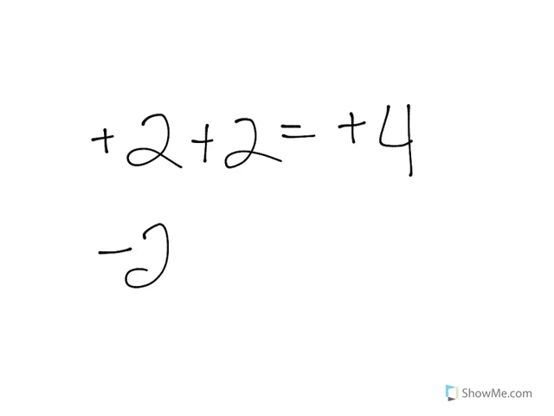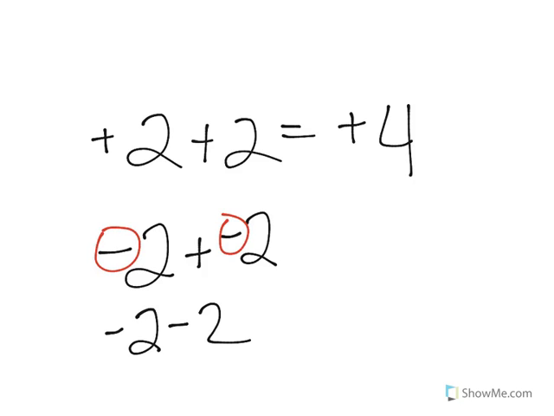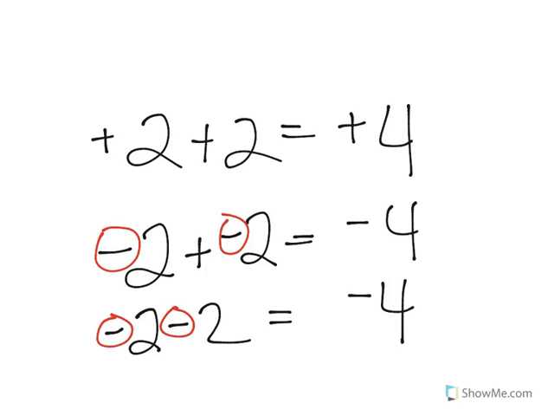If both are negative, 2 plus -2, which can also be written as -2 minus 2, if they're both negative, negative and negative, your answer is -4. So again, if the signs are the same, they're both positive, you add them up, your answer is positive. If they're both negative, you add them up and your answer is negative.